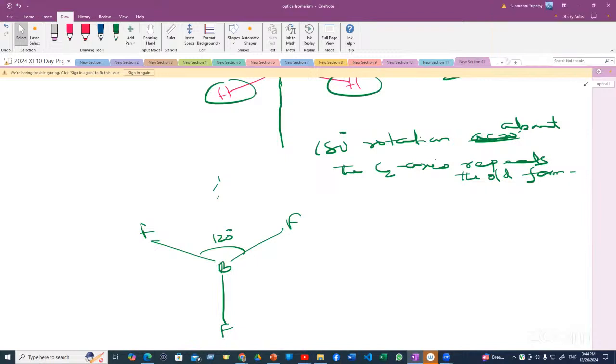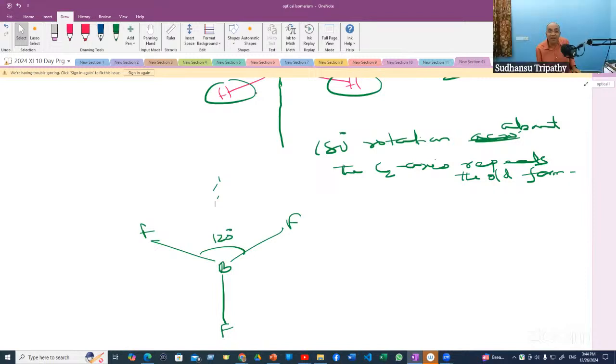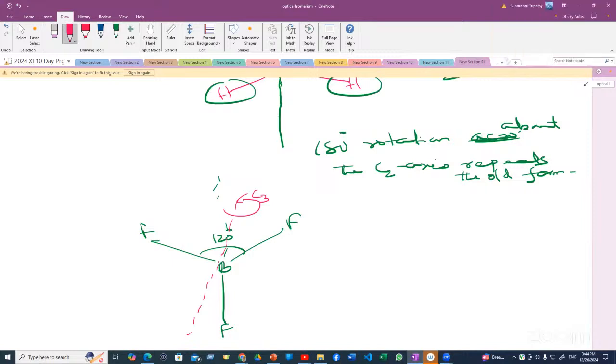C3. Precisely. Every 120-degree rotation about an axis, this axis is vertically going down. This axis is a C3 axis. Because every 120-degree rotation, if I rotate, you see nothing has changed. You understand? Yes, sir. So BF3 has a C3 axis.